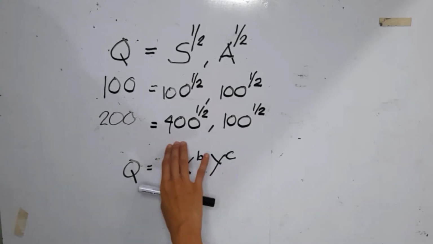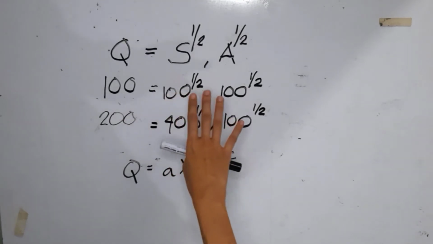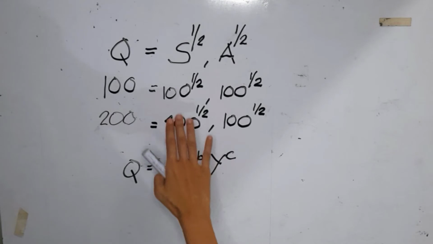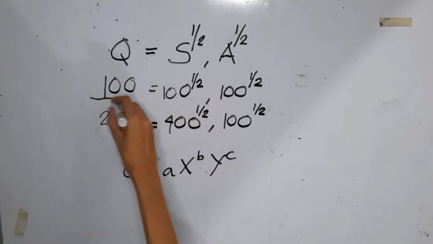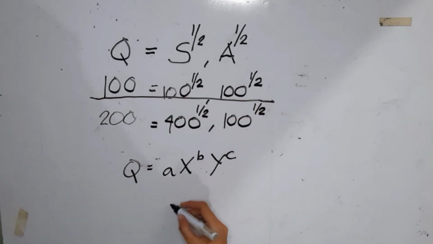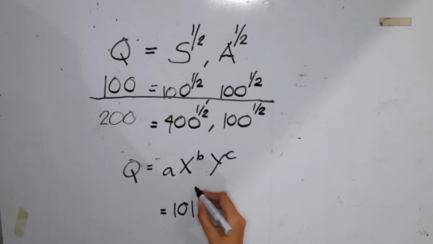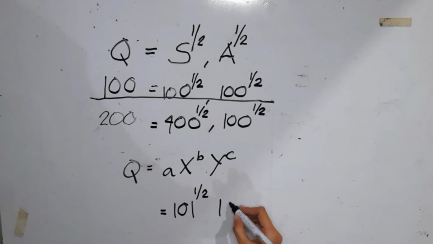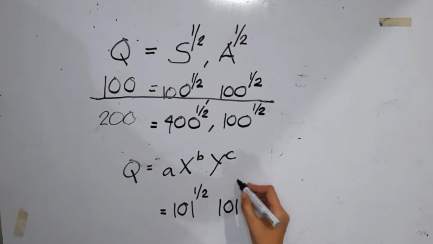For our example, we have here our production function. If we change 1% in all our inputs, so this becomes 101, and our aluminum also becomes 101, there is a 1% change.